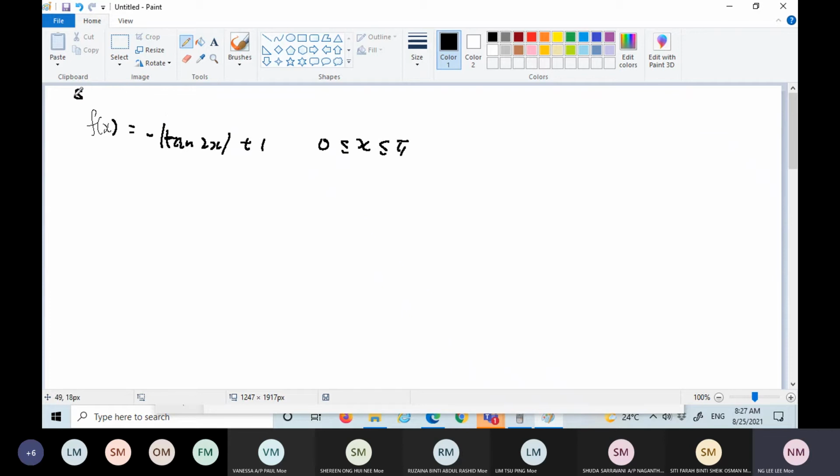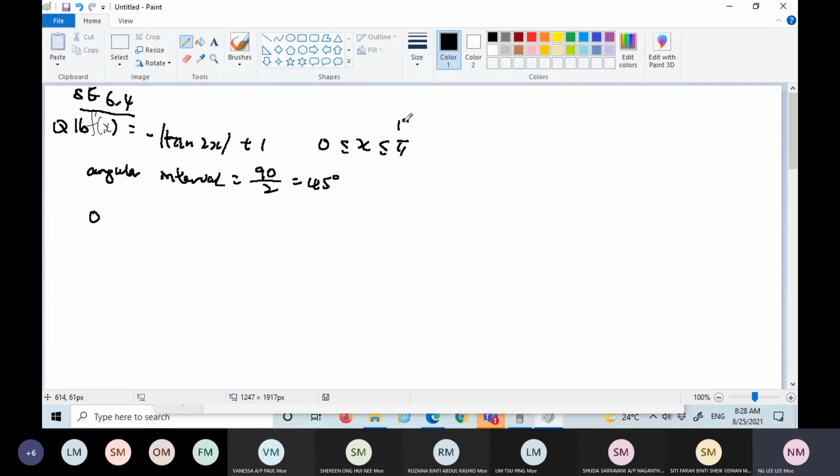Okay, this is 6.4, question number 1B. If you want to use a table, we start by finding the interval. 90 degrees divided by the B, B here will be 2, so you're using 45 degrees.